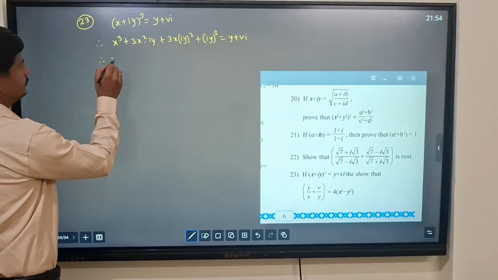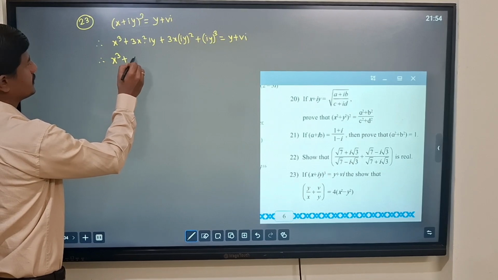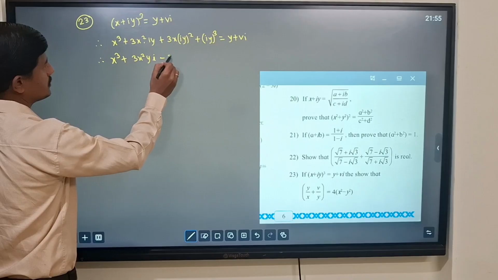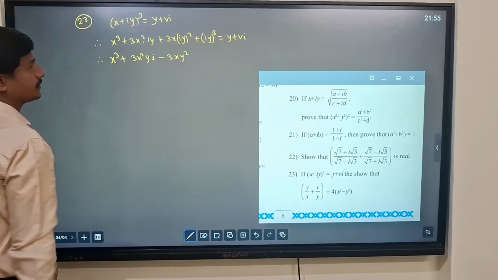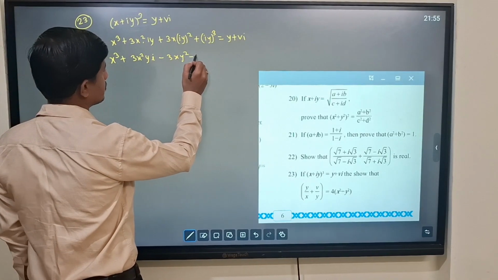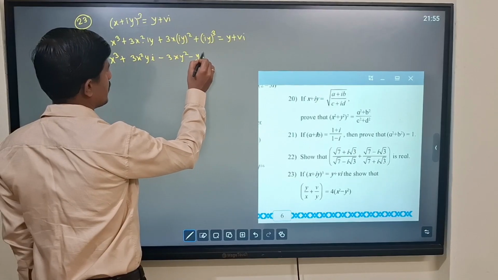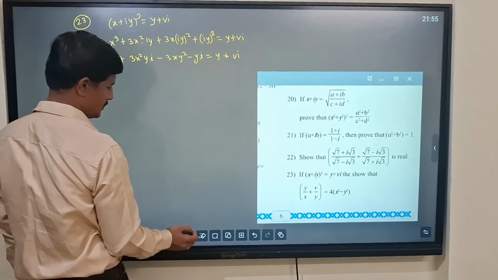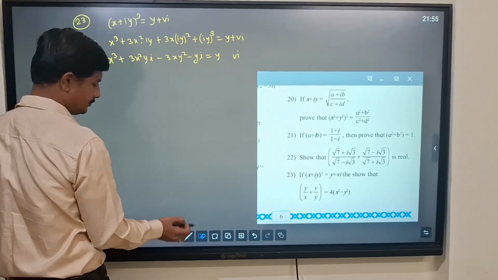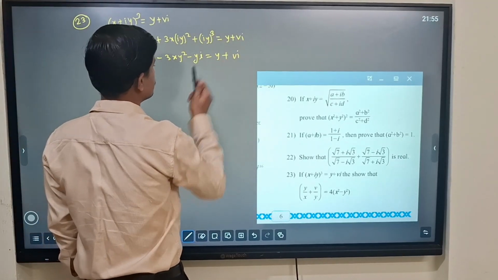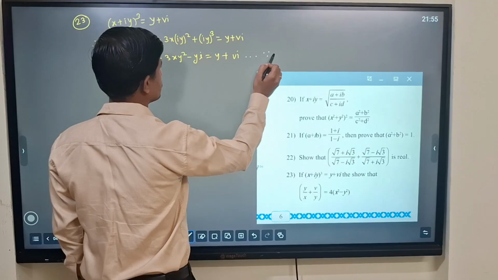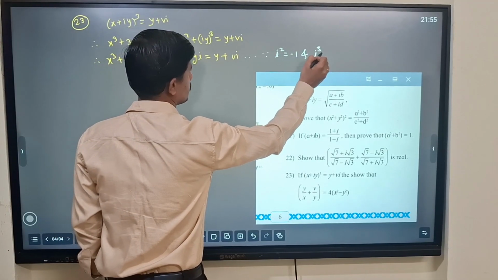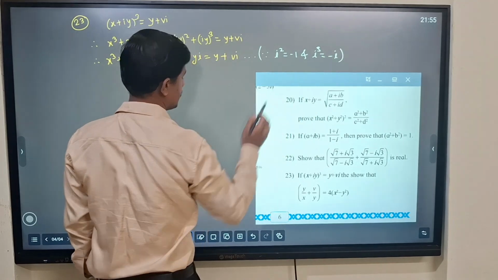Now this becomes x cube plus 3x square i, and i square is minus 1, so this becomes 3xy square. i cube is minus i, so this becomes y cube i, equal to y plus vi. Since i square equal to minus 1 and i cube equal to minus i.